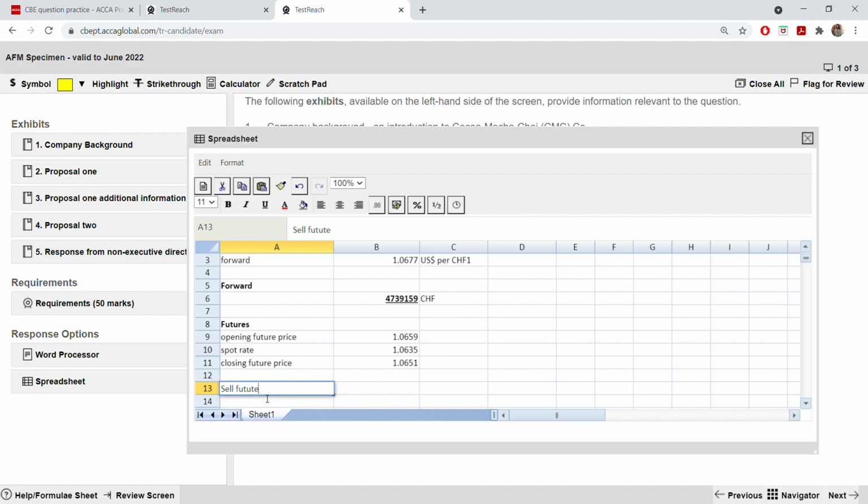Sell future, since it's a dollar payment and needs to hedge against a Swiss franc weakening, or you can say dollar strengthening. Dollar strengthening means payment will increase. Okay, you see.